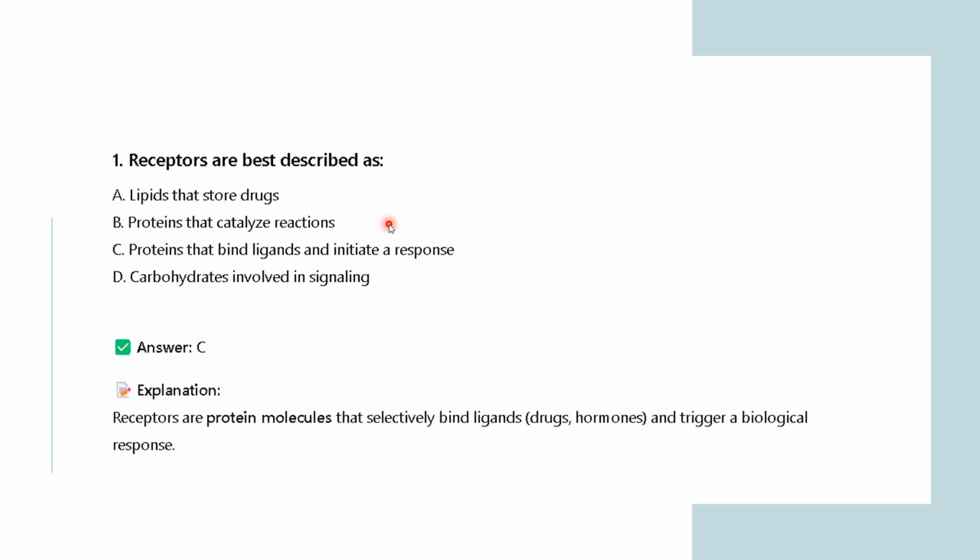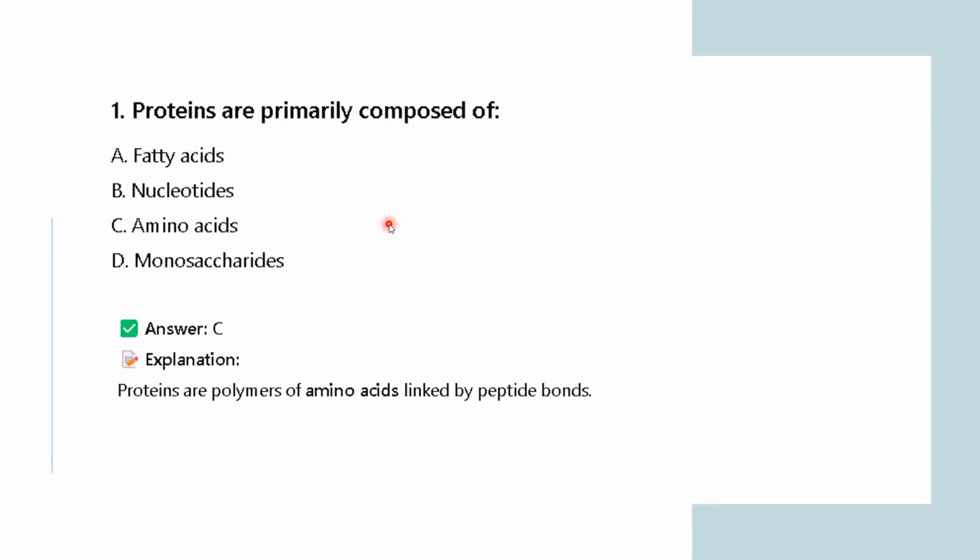So option C: receptors are protein molecules that selectively bind ligands, drugs, hormones, and trigger a biological response. As I have already talked about, the receptor will bind to your drug molecule and it will trigger a biological response. So it will trigger a response in your body, and it will then go to your target.